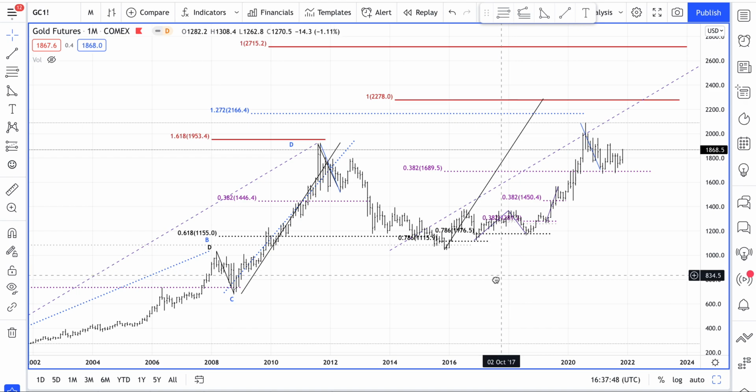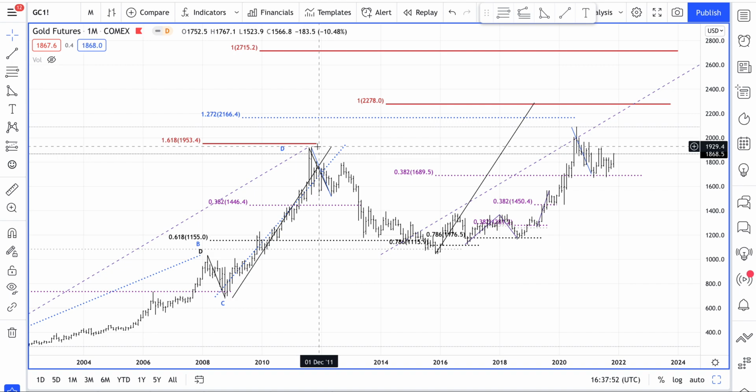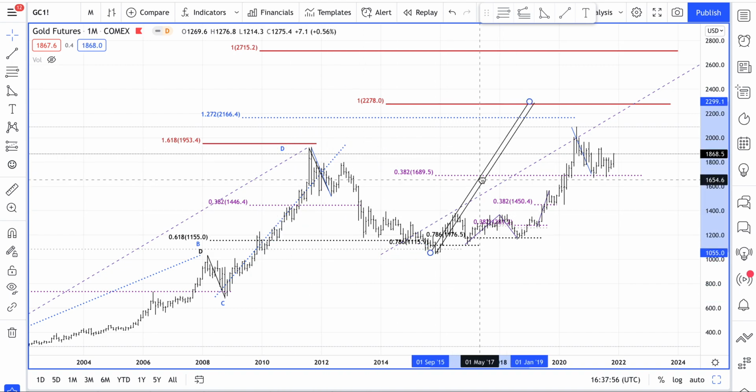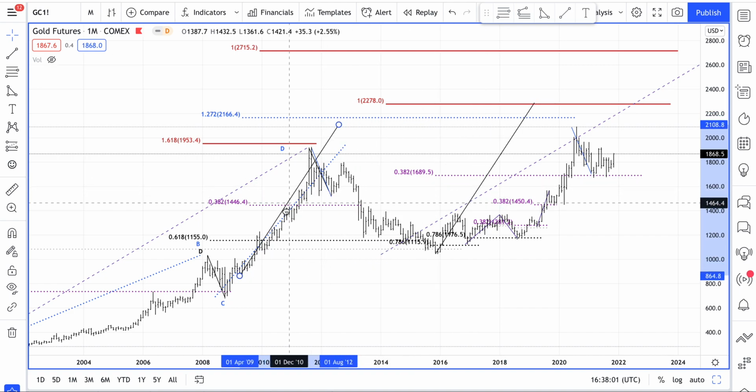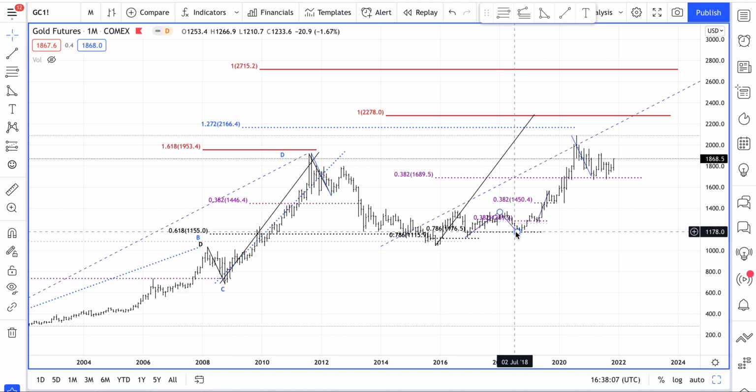So we get two projections. If we take this low of 2008 and 2011, and we project it from this low of December 2015, we get a level of 2278. So that's our first ABCD projection where the price could likely target.